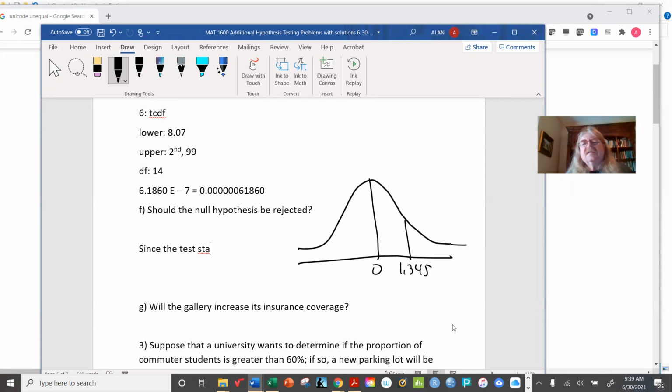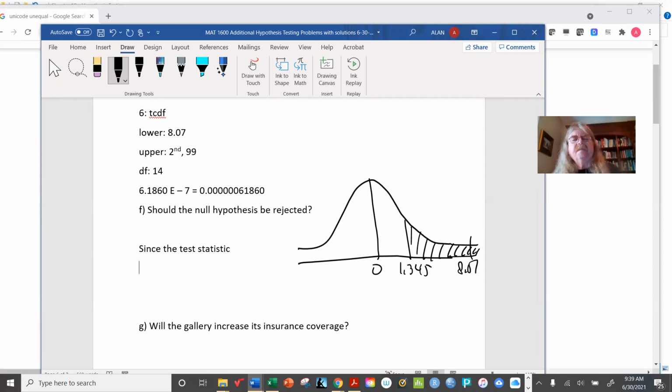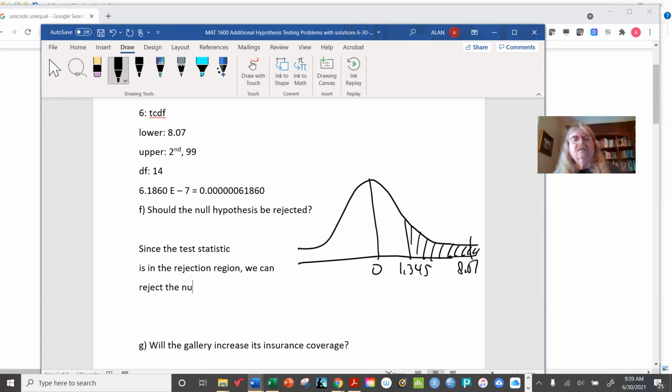The test statistic is way, way out here. Okay, so since the test statistic is in the rejection region, we can reject the null hypothesis.